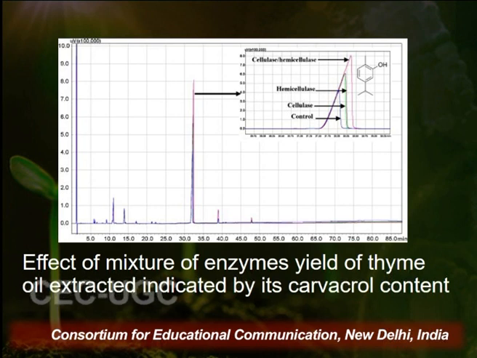They also analyzed that oil, and they correlated the yield of the oil with carvacrol content. You can clearly see the plant extracted by hydrodistillation, which is the control sample, and then the oil extracted by using cellulase individually, then hemicellulase. You can see there is hardly any difference when the two enzymes are used individually, but there was a significant increase in the overall oil yield as well as the yield of carvacrol when the mixture of enzymes was used.